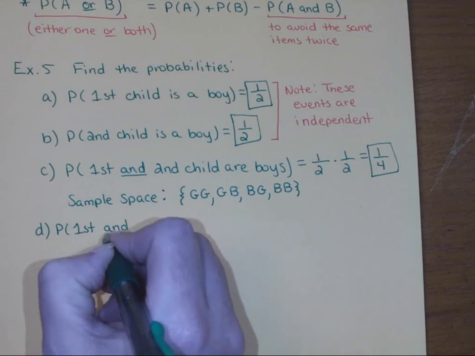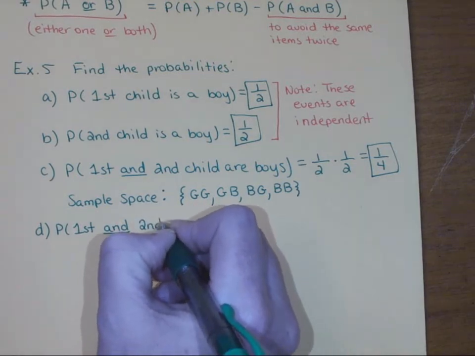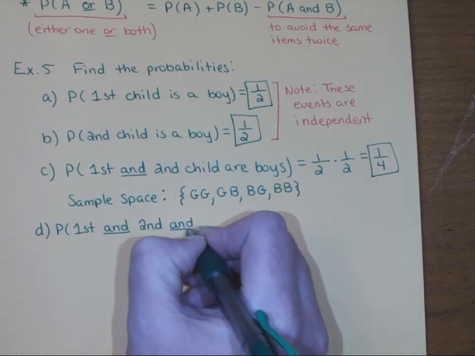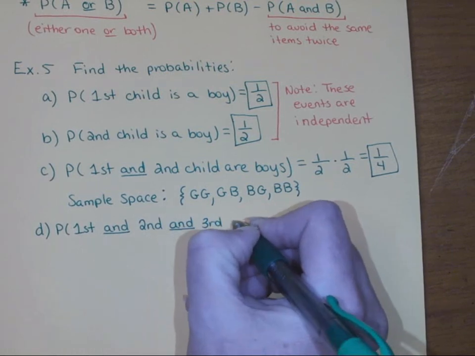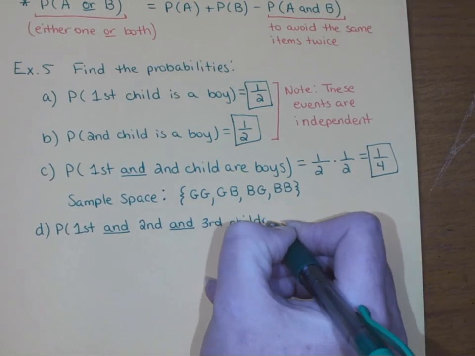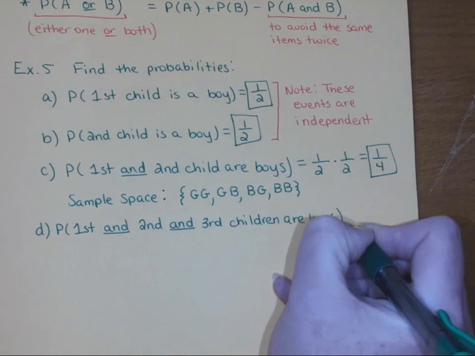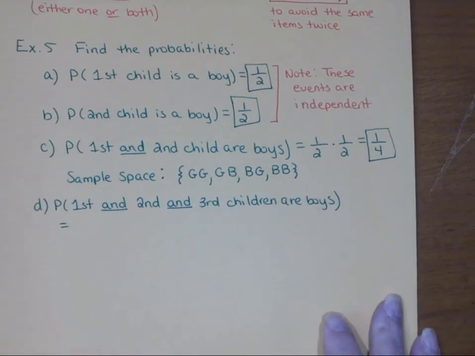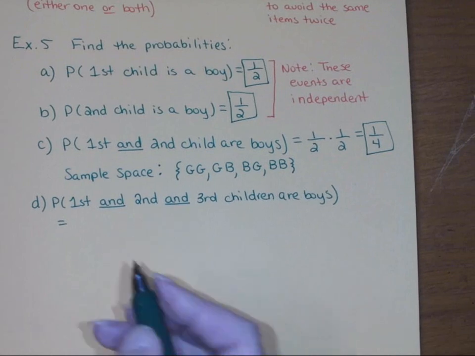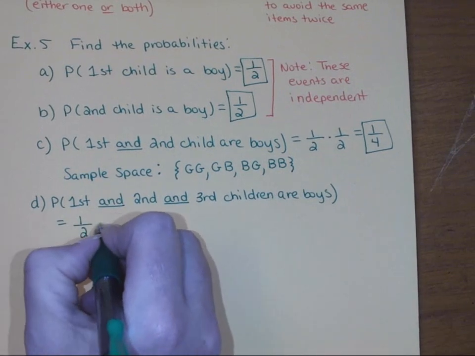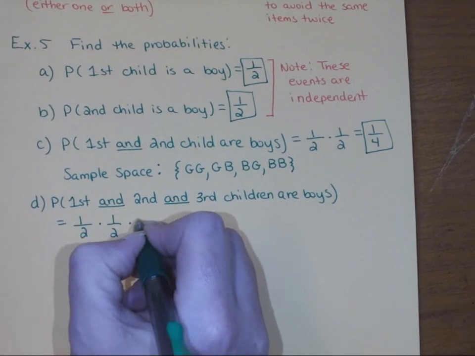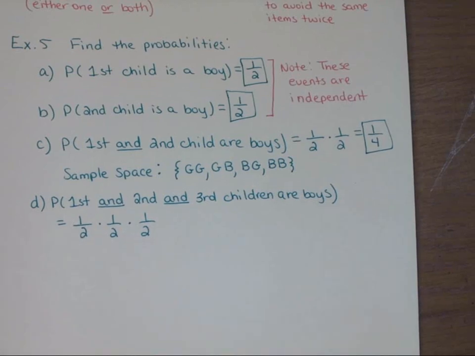So what's the probability that the first and the second, and let's add a third kid, the third children are boys? Okay, so again, we can talk about this directly since it's an and problem. Each of the individual probabilities are independent, so we can just multiply them.